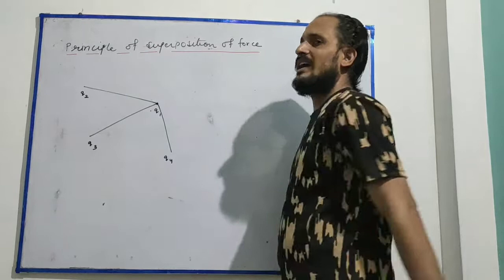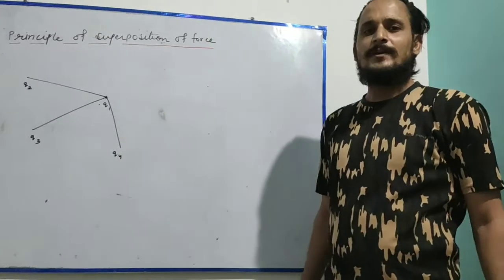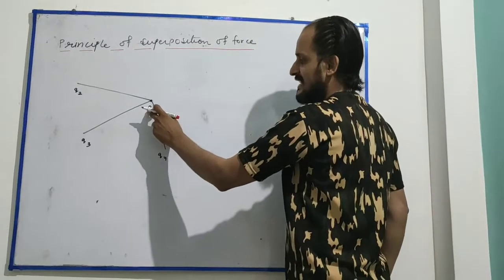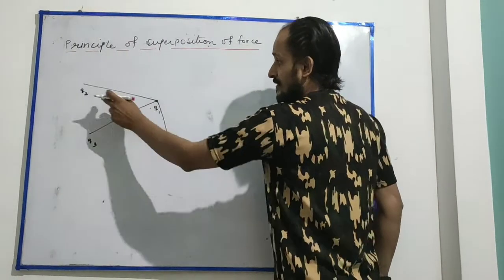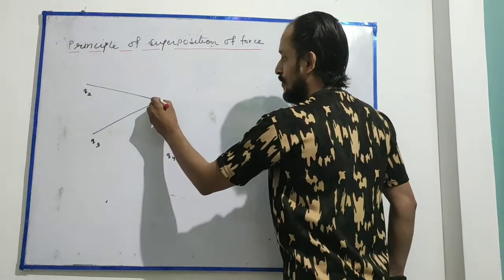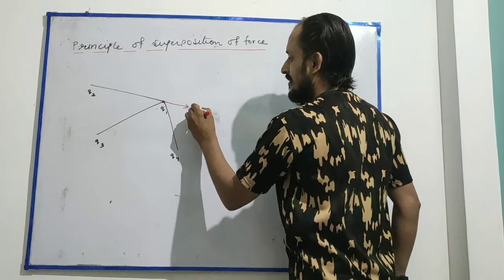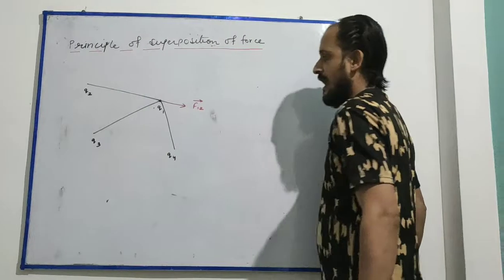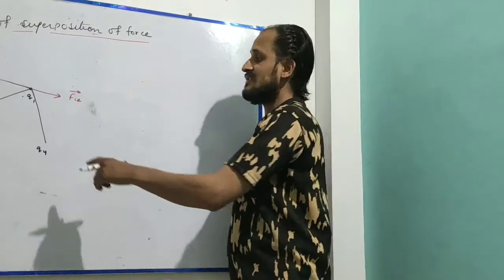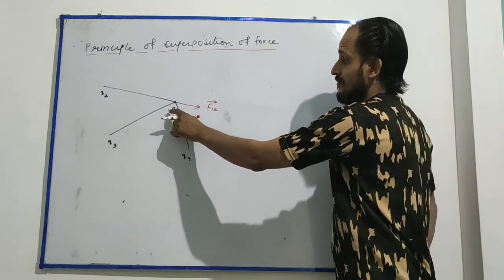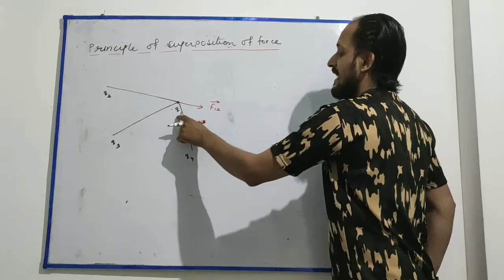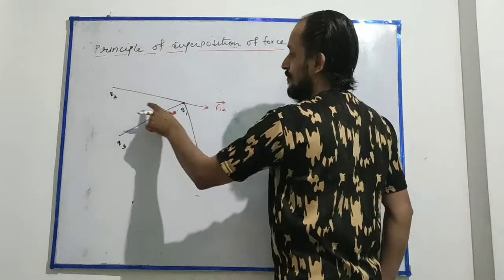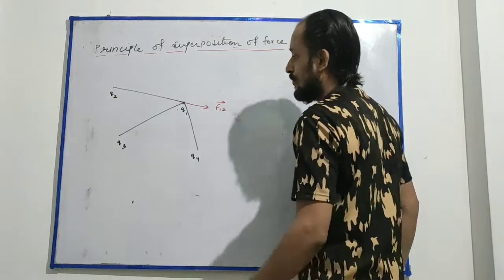If we assume that all the charges are positive, or like charges, then the force exerted on charge Q1 due to charge Q2 would be outward. We can write it as F12 vector. Both are like charges, so this force would be outward due to Q2.